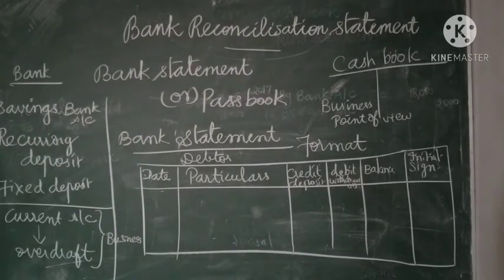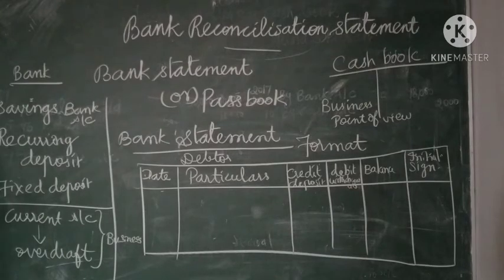Then whenever we are depositing money by the business into the bank, the customer account is credited in the bank book. When we deposit money to the bank, the customer account is credited. Isn't it?